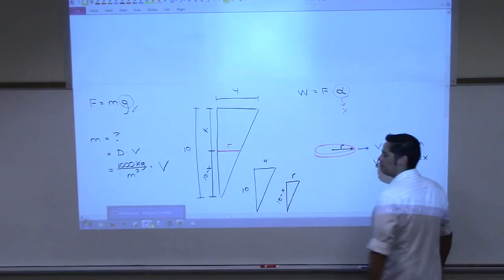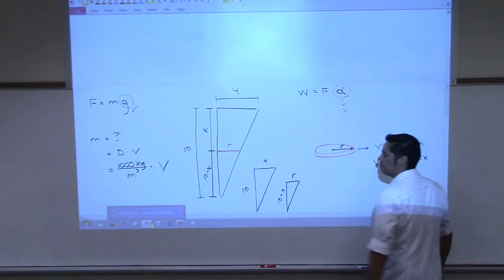So the only real thing left is to figure out what the radius of this is. So how in the world are we going to figure out the radius of this slice? Is it always the same radius? Is your radius the same all the time? Yes? No?